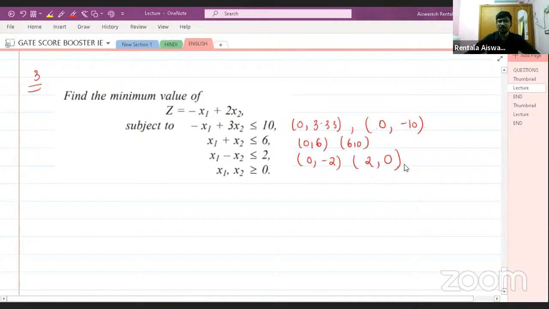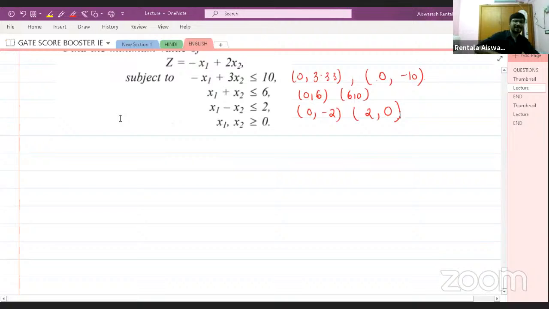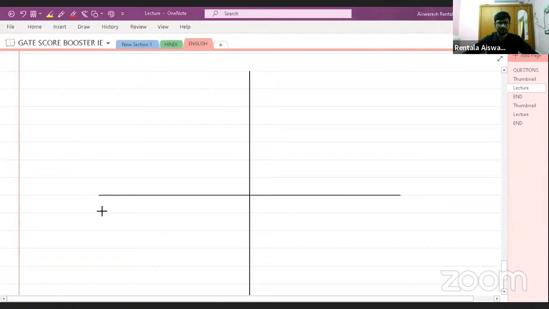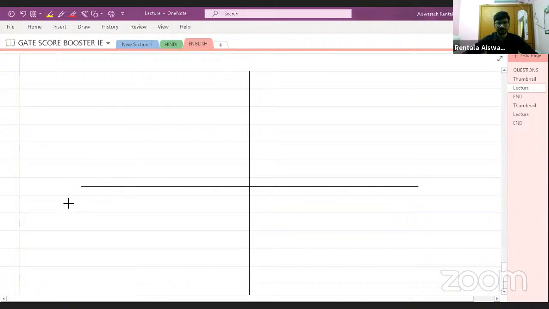Okay, so these are the points. Now, if you observe the points, you have got some negative values also. So I am taking 4 quadrants so that negative values will also be covered. Let me plot a graph somewhat like this.